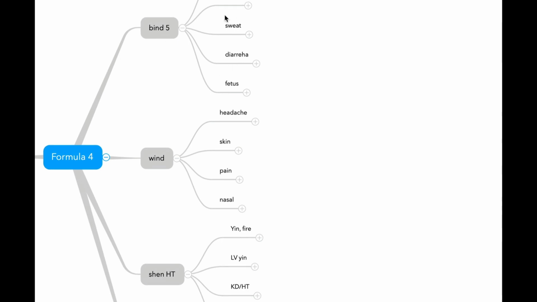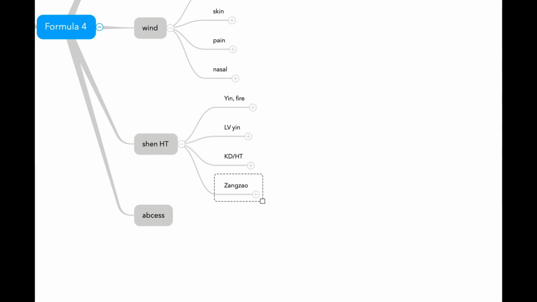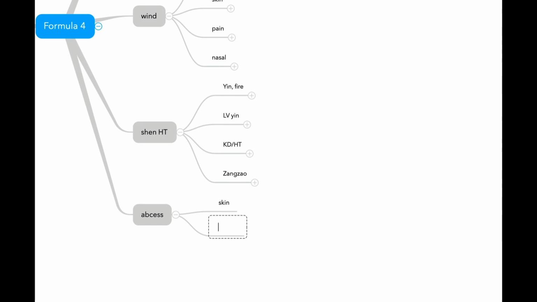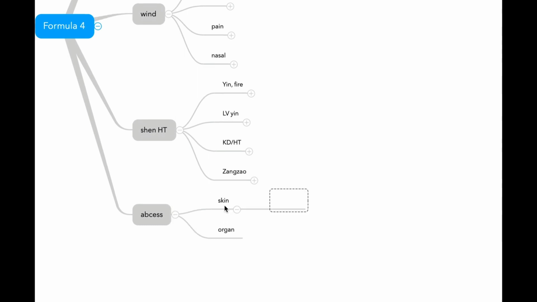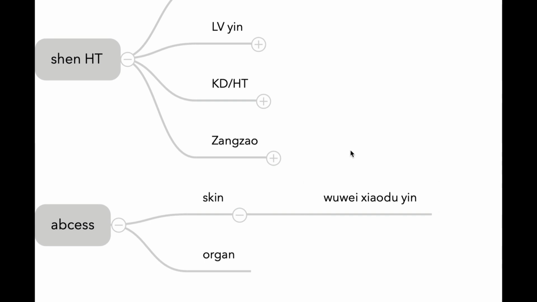Next: wind, shen, and abscess. Let's talk about abscess. Skin first, and second organ. Skin, excess, Wuwei Xiaodu Yin, for excess.